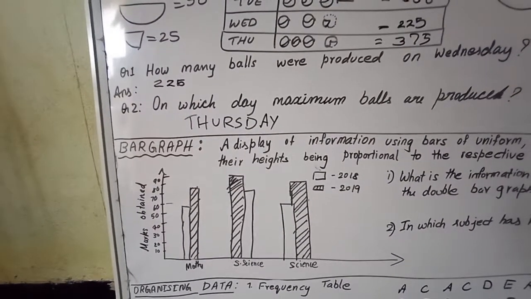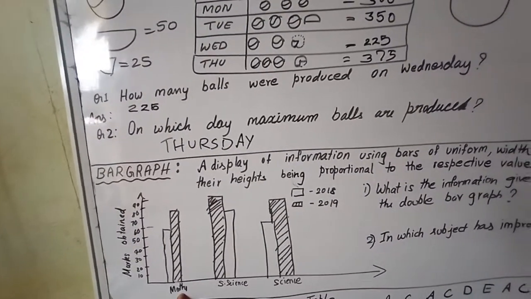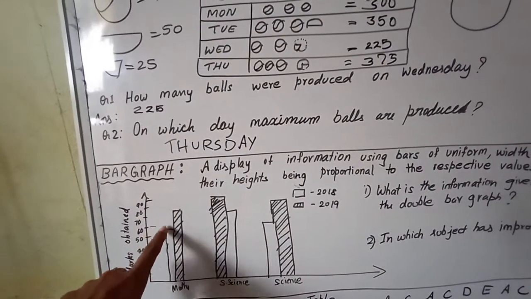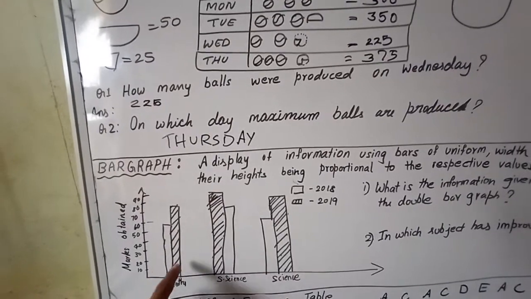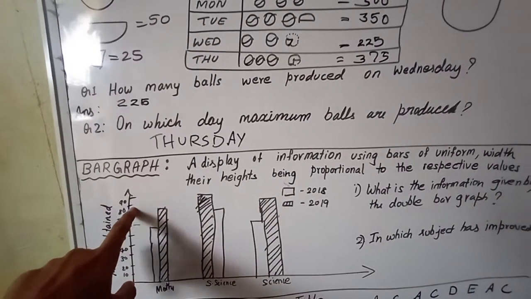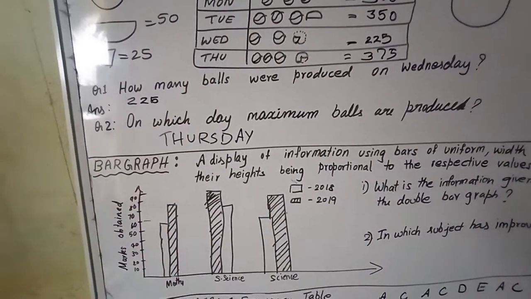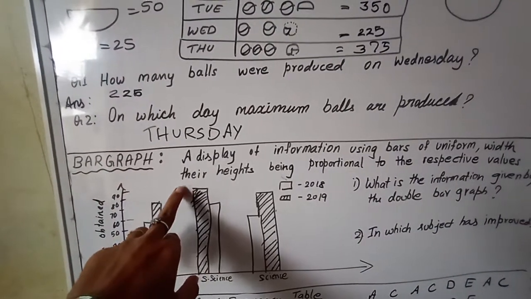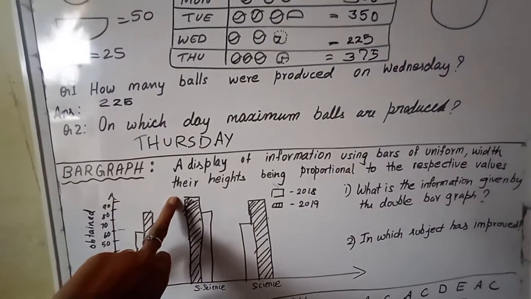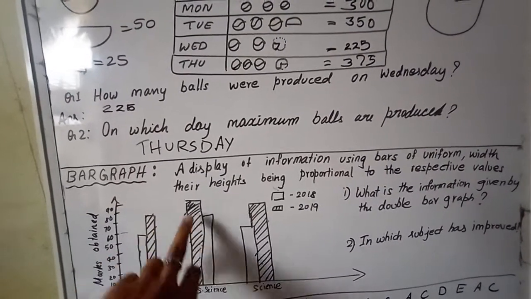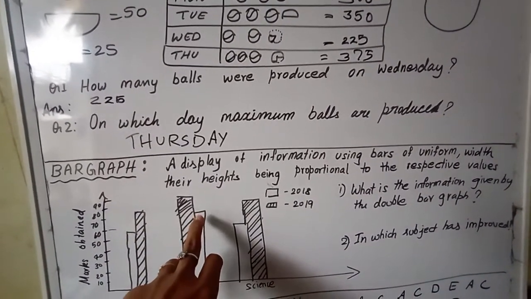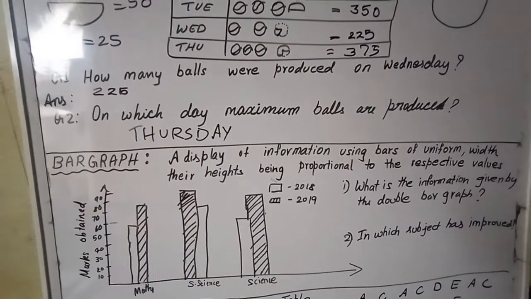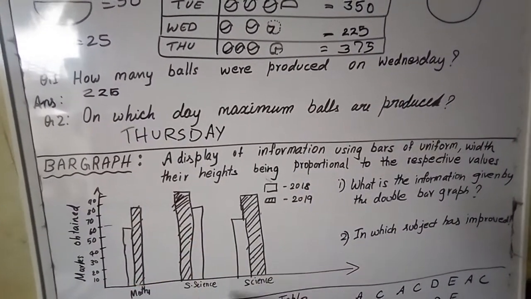By seeing this graph also, we will get a lot of information, that is data. What information are we going to get? In maths, the score was 60 marks in 2018, but in 2019 they got 80 marks, so they got the highest. But in social science, in 2018 the child scored 90 marks, but in 2019 the child scored just 70 marks, so the performance has come down here.